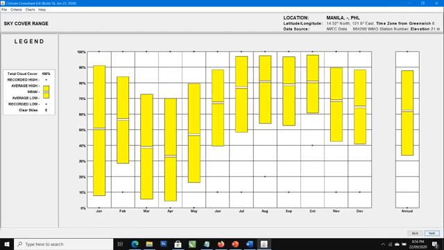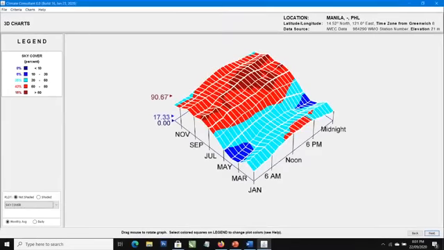The highest coverage that we can get is almost 100, so we are very cloudy. And the lowest one is maybe about 5%. So in Manila we have a big range. Okay, this is how it looks on 3D charts.